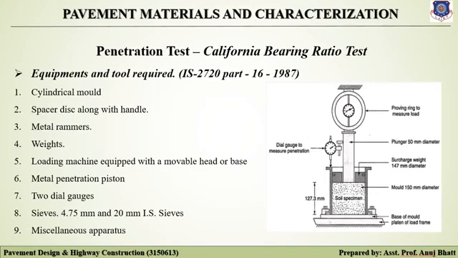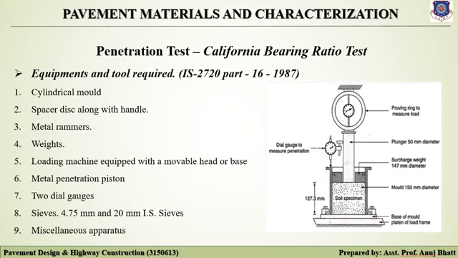Third, we need a metal hammer, which weighs 2.6 kg with a drop of 310 mm, or a weight of 4.89 kg with a drop of 450 mm.